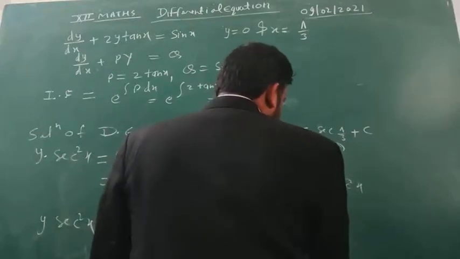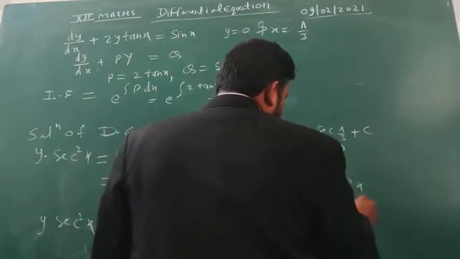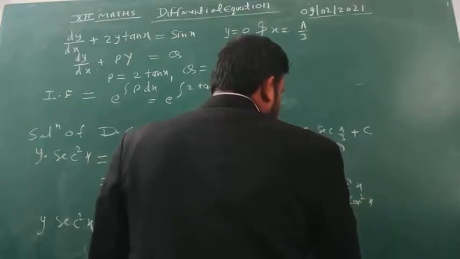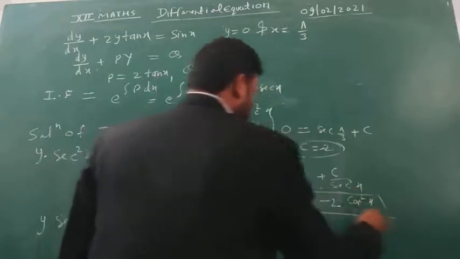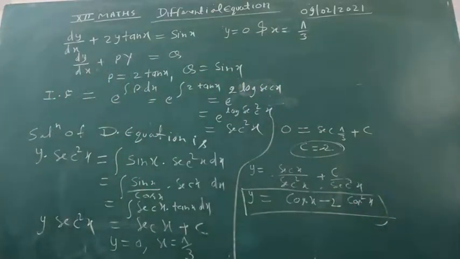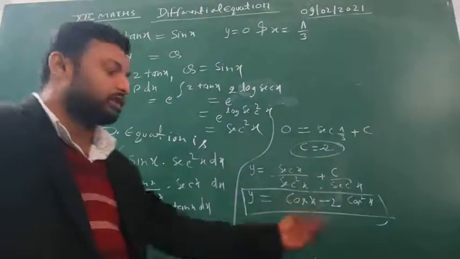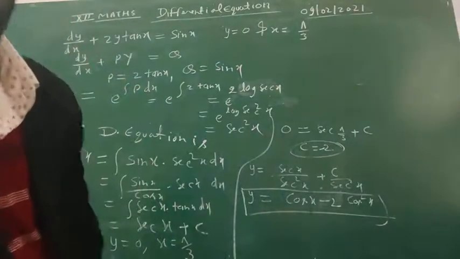So this is cos x plus c cos square x, and the value of c is minus 2. So the solution is, students, y is equal to cos x minus 2 cos square x. So this will be the solution of the given differential equation. I hope you understand, students.